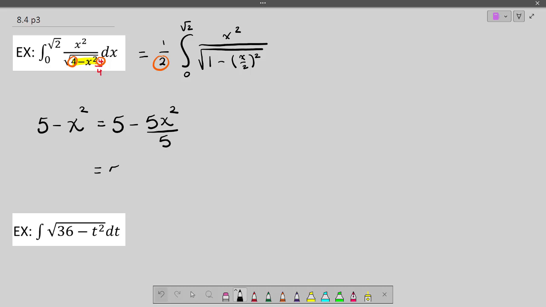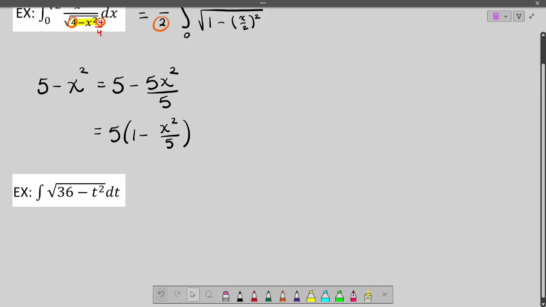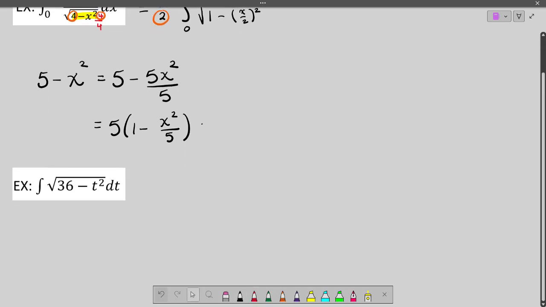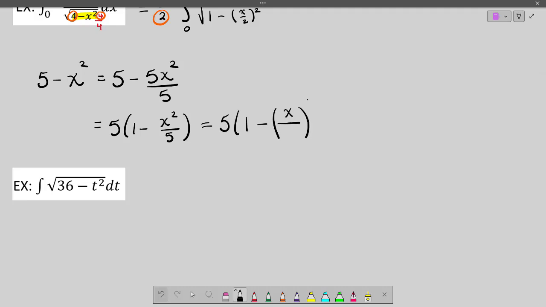So then that 5 factors out, and we have 1 minus x squared over 5. But if we want to write that as a single square, any ideas how we could write that as a single square? X over what quantity squared? Root 5. Root 5, exactly. So if it's not a perfect square, then we're going to be forced to leave a square root in there.